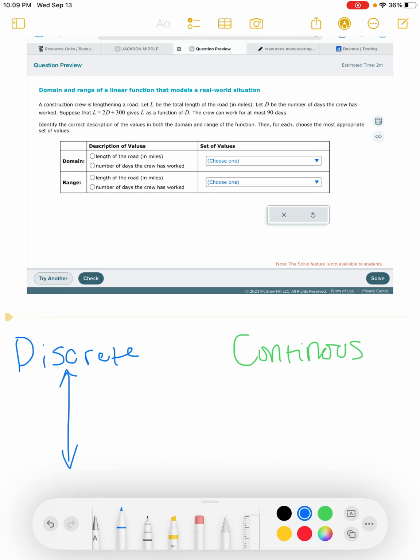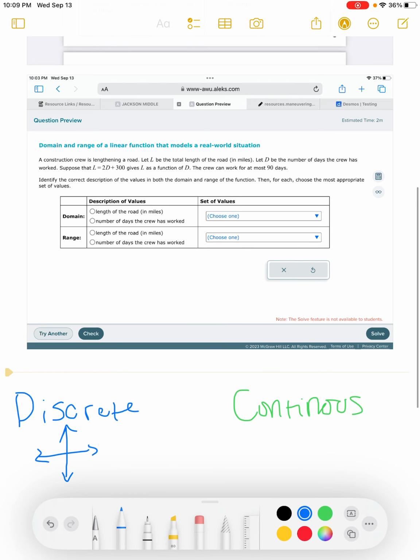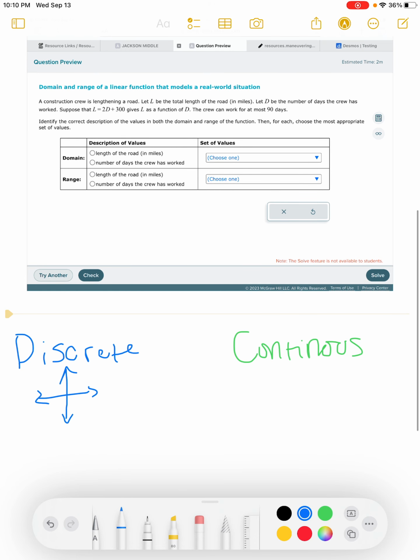Let's draw ourselves a little graph. Something like this. And on that graph, we just have a few points. Like maybe you have a coordinate point there, a point there, and so on. This is discrete because it does not have an infinite amount of numbers, right? It just has a couple points.